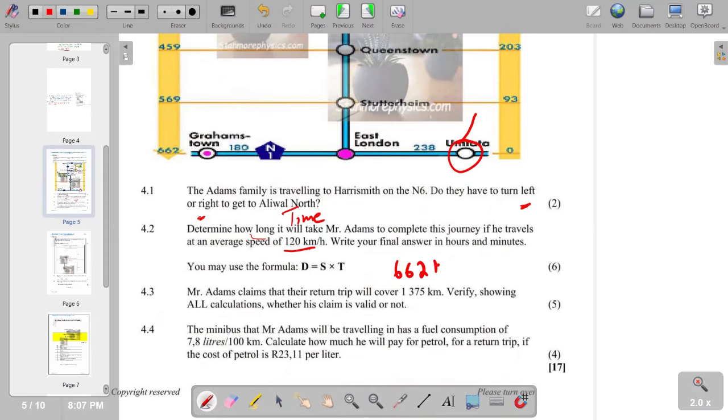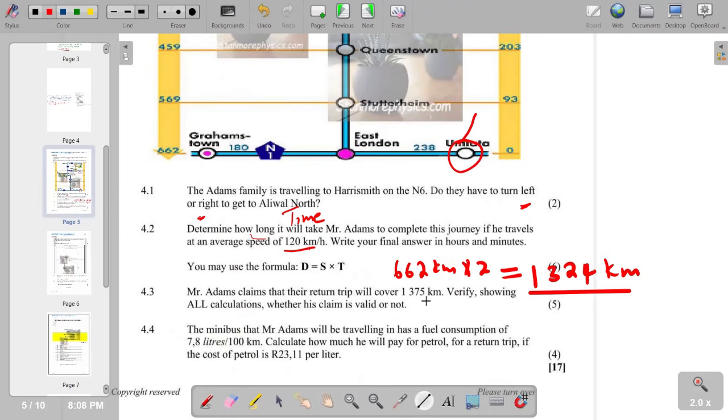662 kilometers, and then multiply by 2 to get the total distance of the return trip. So if we multiply by 2, we're going to get 1,324 kilometers. So this is the return trip distance.